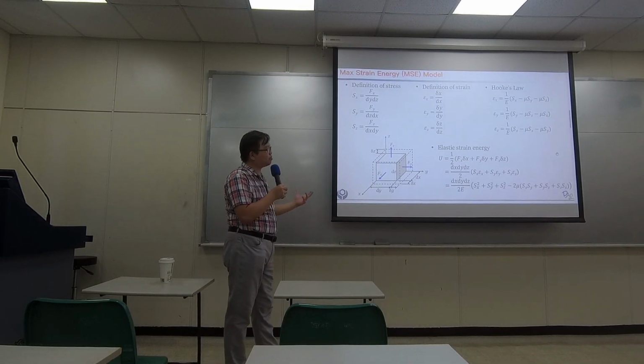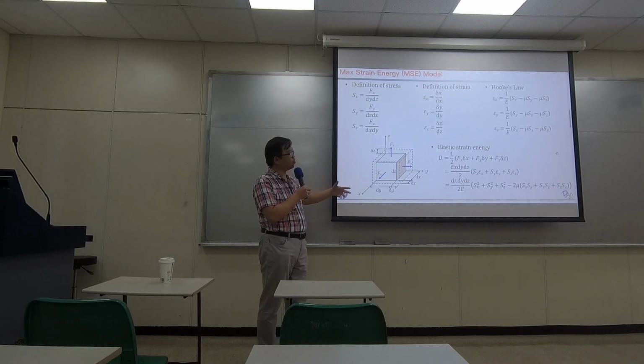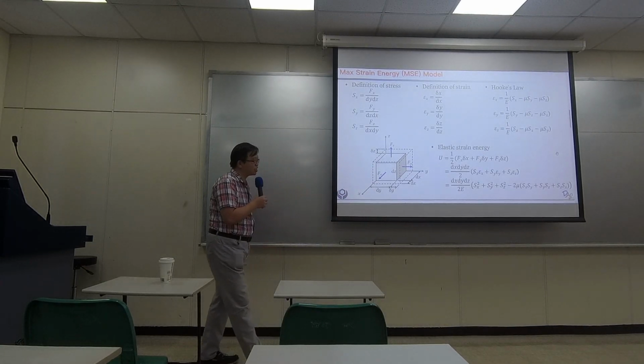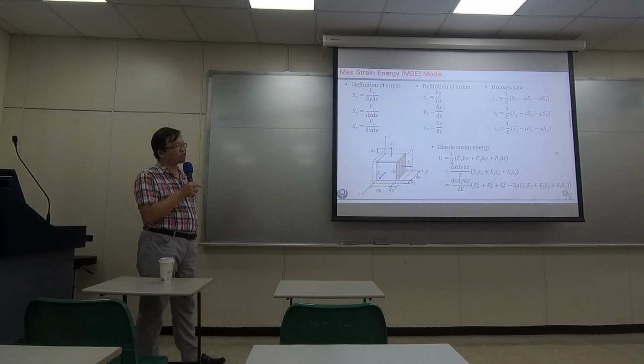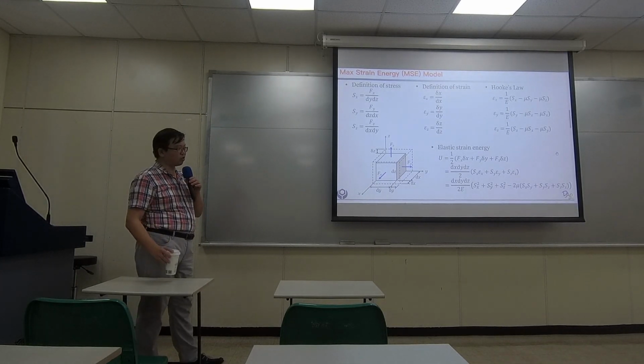Now, in general, this part along this coordinate system could be carrying forces from different directions. From here you can tell there is no shear force, so you can say it's an analysis along the principal stress coordinate.